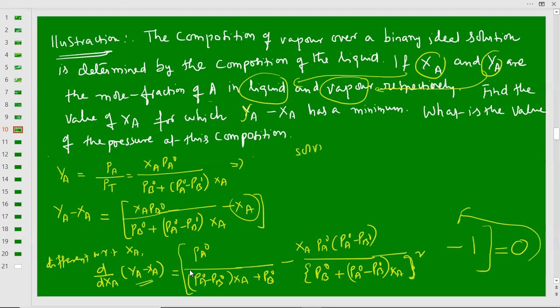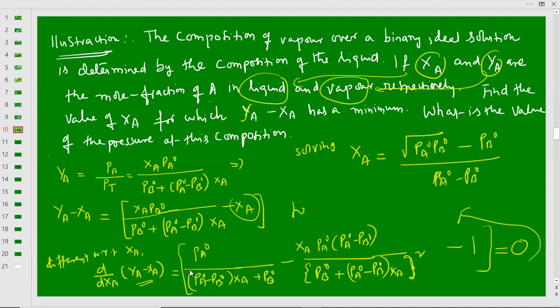Finally, if you solve, the XA value will become equal to the square root of PA naught into PB naught, minus PB naught, divided by PA naught minus PB naught.